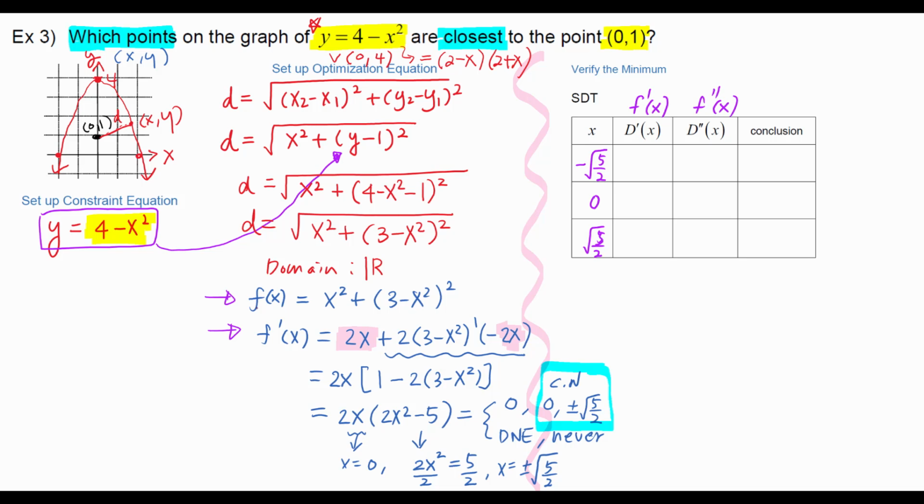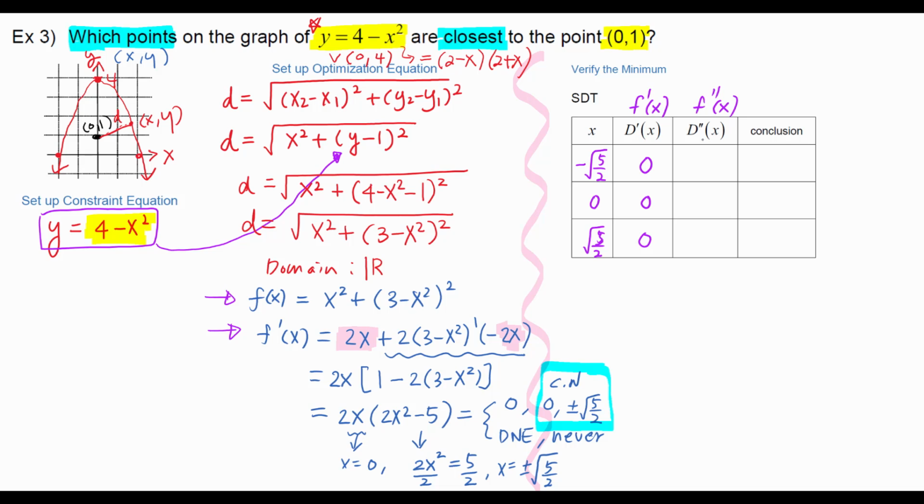But because it meant distance, it says d prime of x. Anyways, you can call it f prime of x, you can call it h prime of x, you can call it g prime of x. That's not a problem here. So these are all 0. Remember, this is how we got the critical numbers, by setting f prime equals 0. So their f prime is all 0.